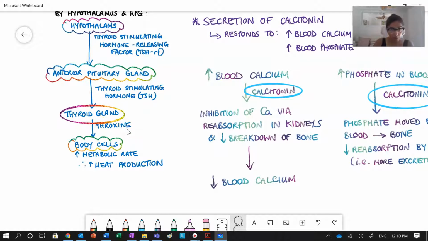The overall aim of that is for thyroxine, again, as it's a hormone, will travel in the bloodstream and it will target various body cells, and the effect of that is to increase the metabolic rate, and as heat is a byproduct of that, therefore it will also increase heat production. So when we look at thermoregulation later on in the course, this becomes a key factor in how humans regulate their body temperature. So make sure you remember this and understand.